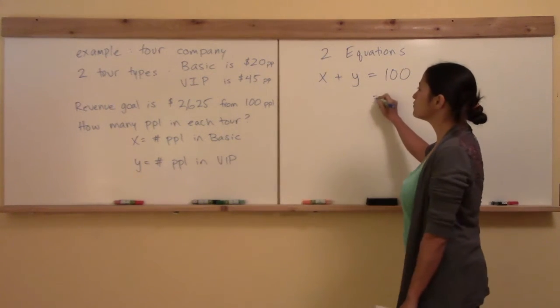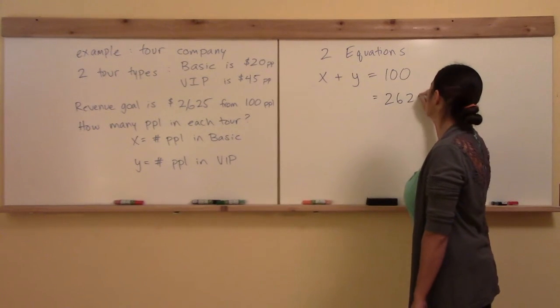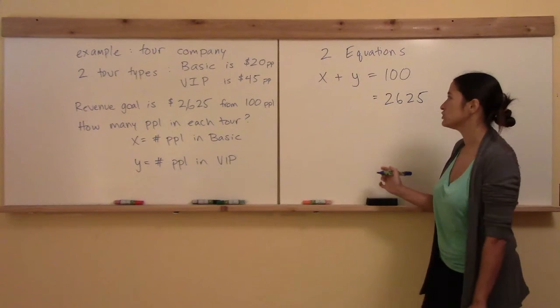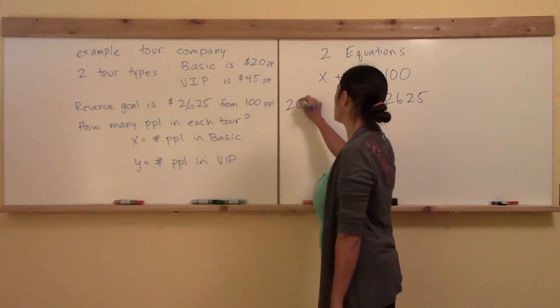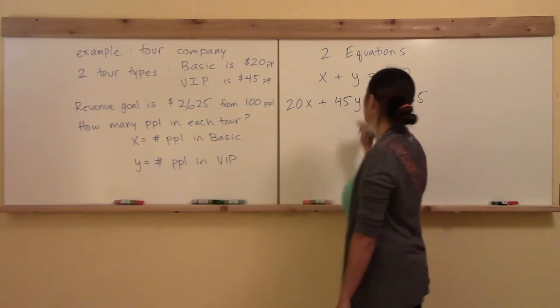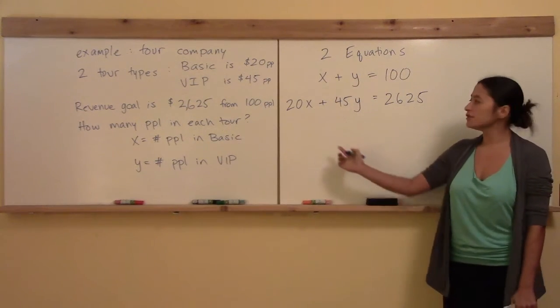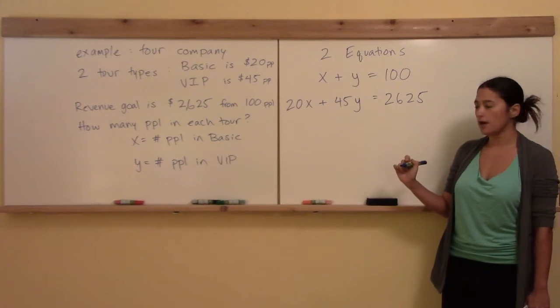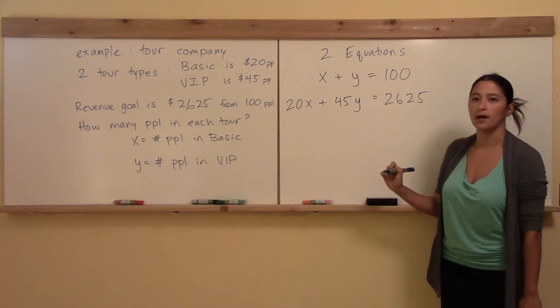I have a total revenue goal of $2,625. And that's going to depend on how many people I have in each tour. I make $20 off each basic tour person. I make $45 off each of the VIP tours. And so you can see there's a form of a linear equation which I can now solve for the unique solution x and y.